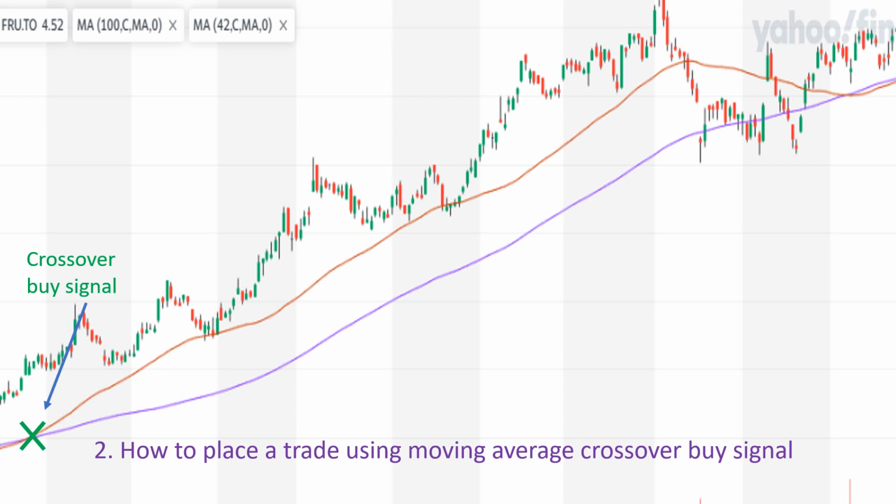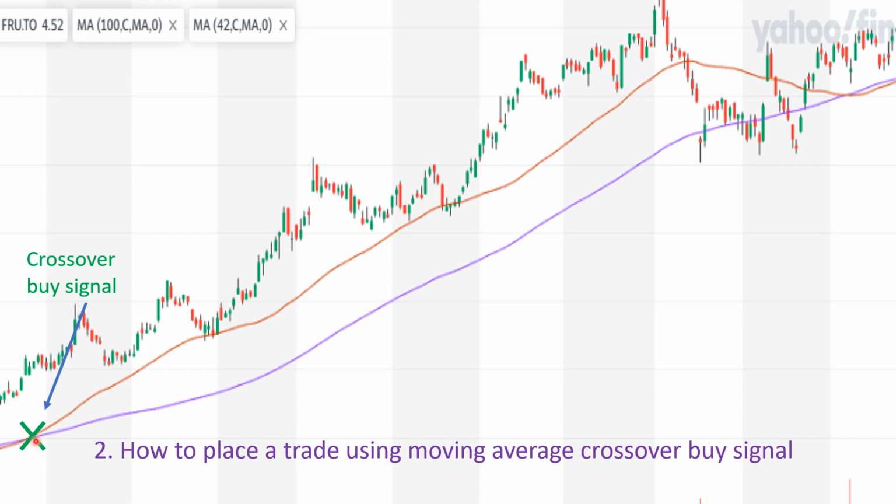In order for this crossover to be valid, first the price must be above this crossover, which it is, and second, the price trend must always be above the two moving averages. So here you can enter the trade.